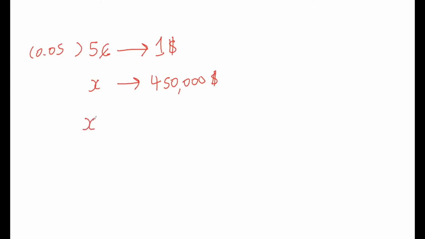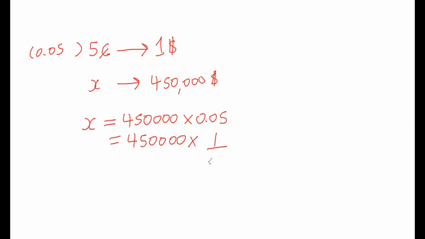So that means that X is equal to, if we cross multiply, X is equal to 450,000 multiplied by 5 cents, but 5 cents is 0.05. But we can also remember that 0.05 is actually 1 over 20. It's very good when you know it's that 0.05 is 1 over 20. Yeah, man, it makes it easier.